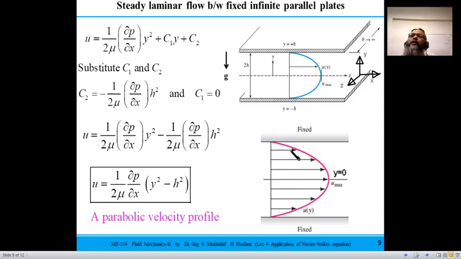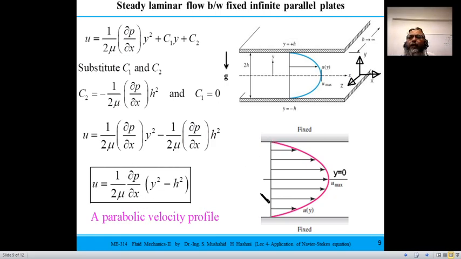The physical reason is that there is a viscosity component present. As you know, the magnitude of the velocity would be higher if the viscosity is lower, even if you are assuming the pressure gradient is constant.